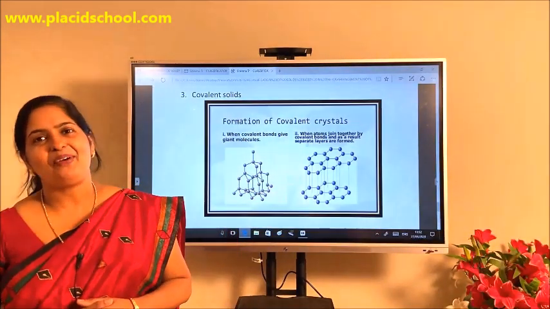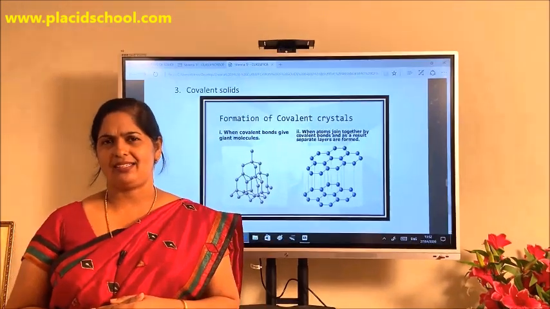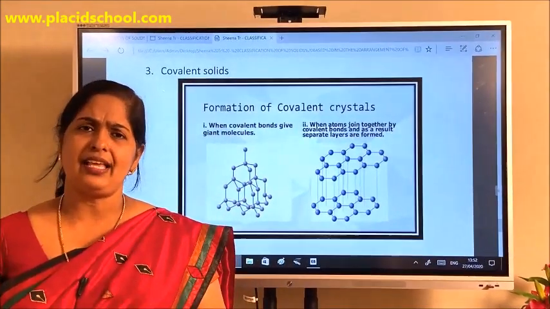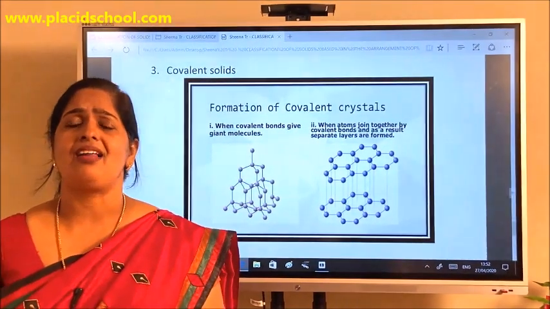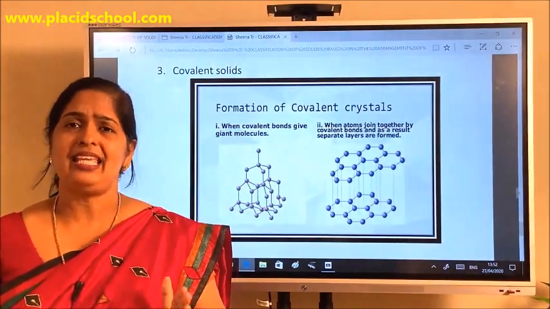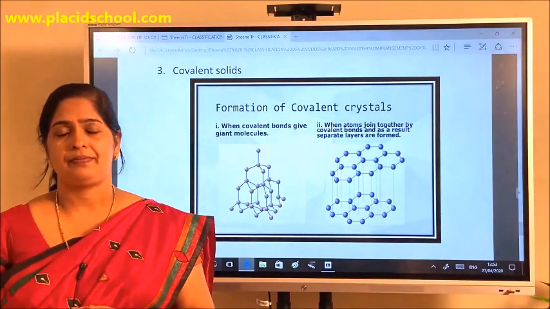The third type of crystalline solid is covalent solids. Among the different types of crystalline solids, covalent solids are hard, at the same time have high melting point and boiling point.